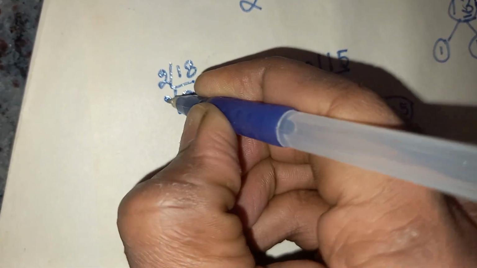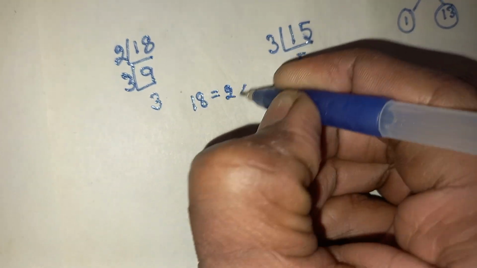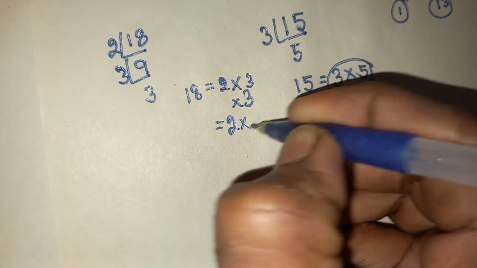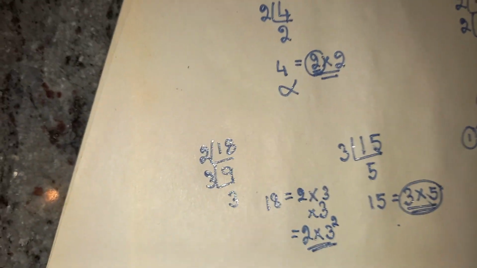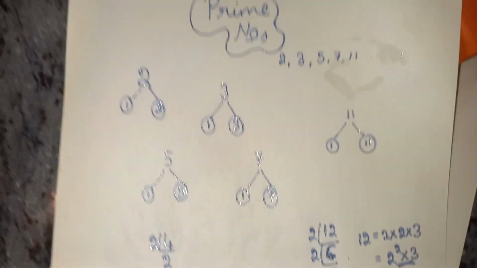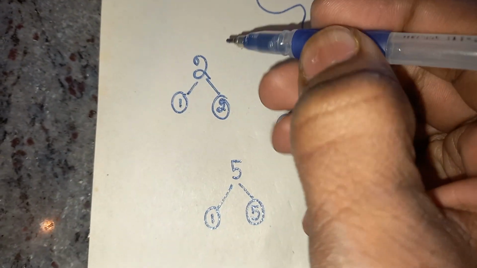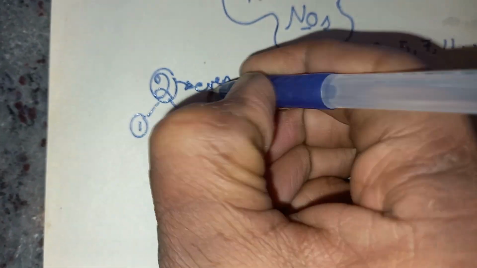Again 9 can be divided as 3 times 3. So 18 becomes 2 times 3 times 3, or 2 times 3 squared. 2 and 3, two prime numbers, can divide 18. Now any prime number other than 2 is going to be odd. 2 is the only even prime number. It is even, still it is a prime.